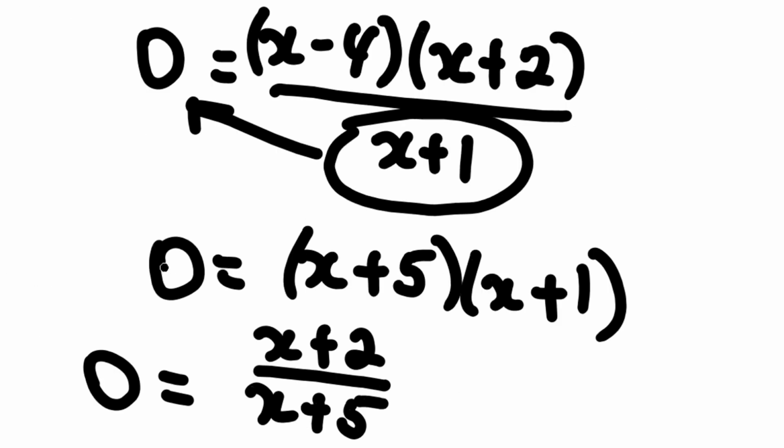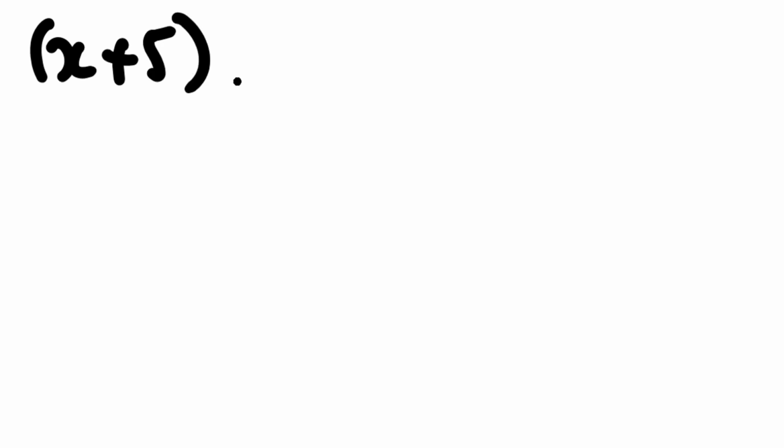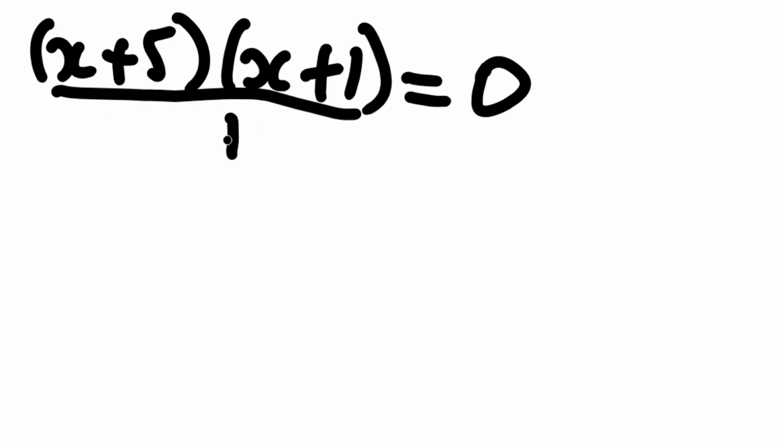So then this one, let me take this one too. Let me clear the board. So we just have x plus 5 multiplying x plus 1 equals to 0. You can see that this is a function that they give, but we just equate it to 0. There's no denominator, so we can say the denominator is 1. But if we are finding 0, we don't care about the denominator, whether there is something there or not.